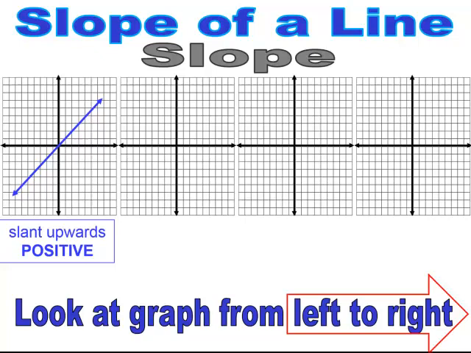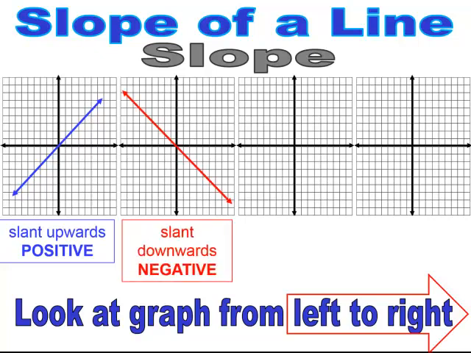When the slant is down from left to right, looking the way you read, it is a negative slope. So a slope up is positive, a slope down is negative.